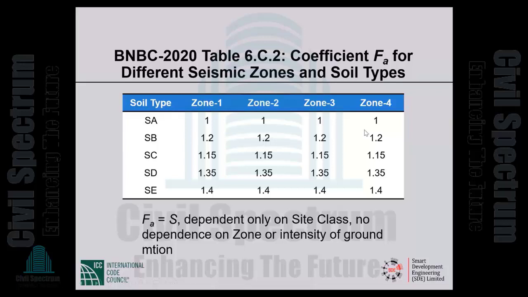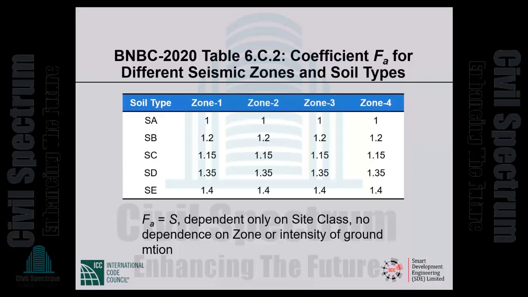Those are fixed values. Okay? So F sub A, the short period site coefficient that you see in Appendix C, is also equal to S, the soil factor in the main body of BNBC.